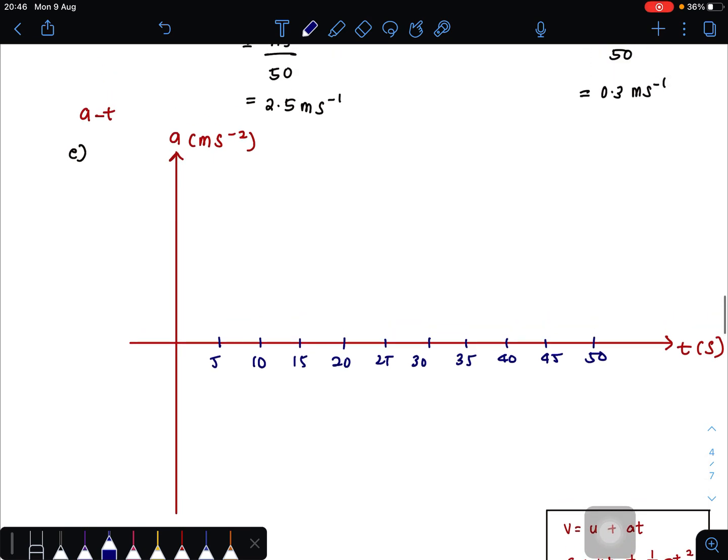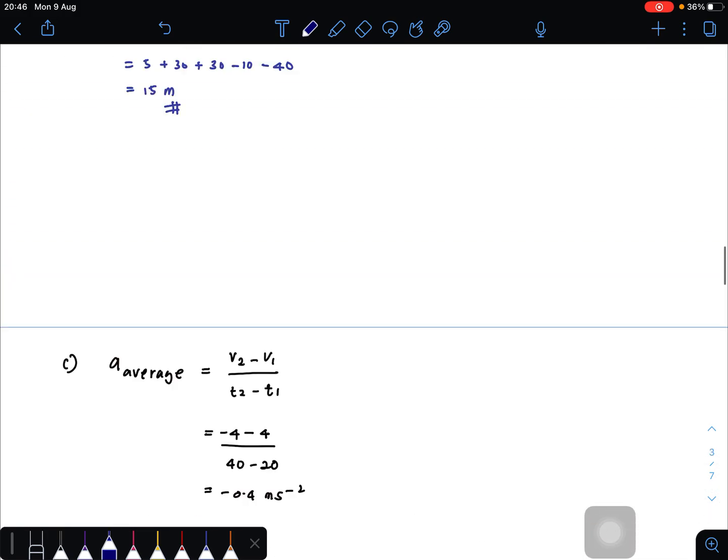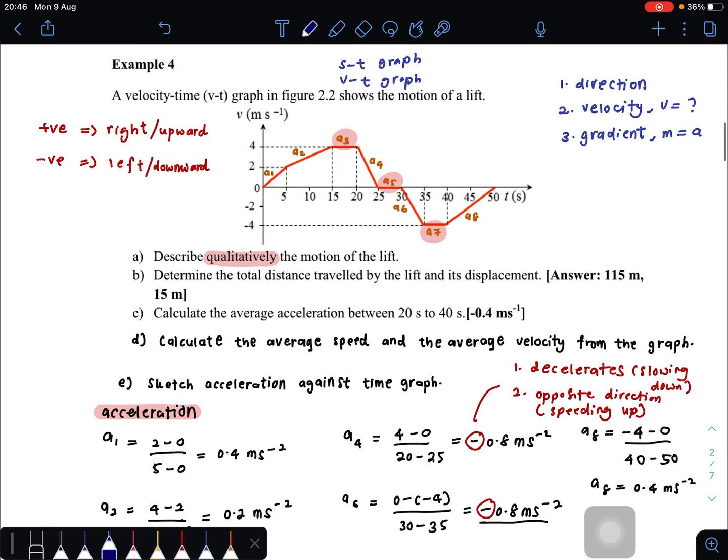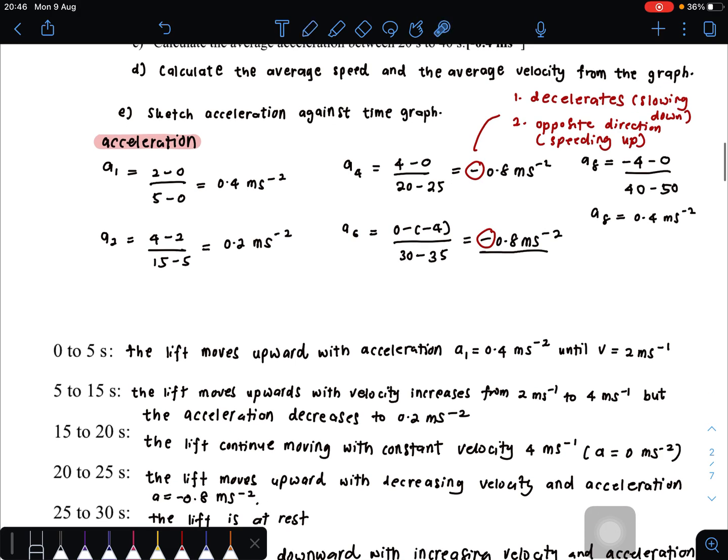Okay, so we will look at the acceleration in each time interval, which we already calculated just now. So first acceleration, A1, is 0.4, A2 is 0.2, and then here A4 is negative 0.8, and this one negative 0.4 meter per second squared.